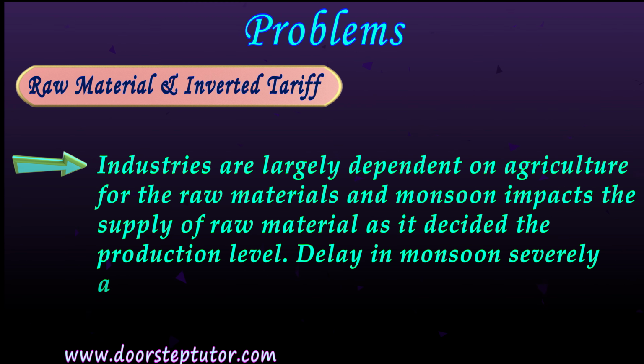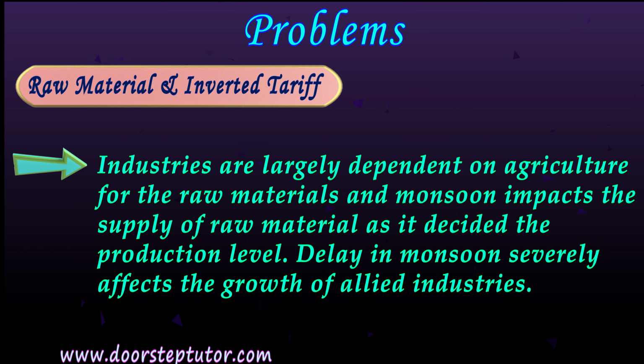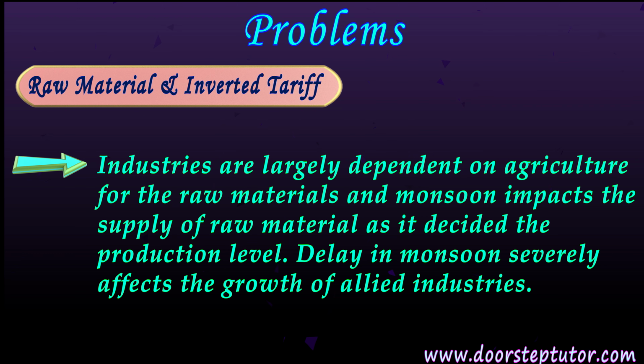Industries are largely dependent on agriculture for the raw material. So they're dependent on agriculture because we know that various industries are allied to agriculture, and agriculture in fact is dependent on monsoon, because monsoon determines whether the production will be high or low, whether bumper production will be there or not.